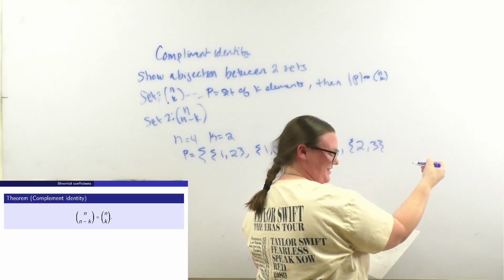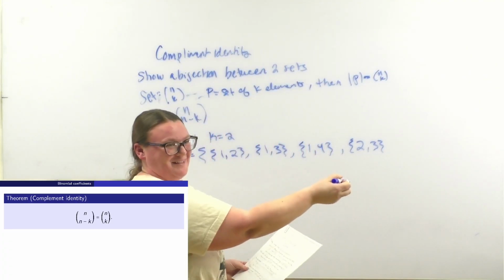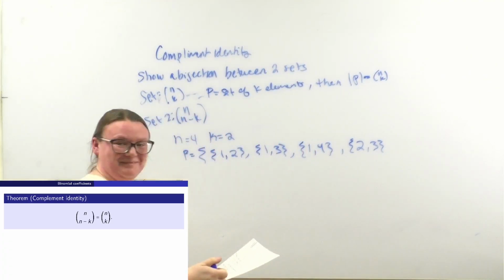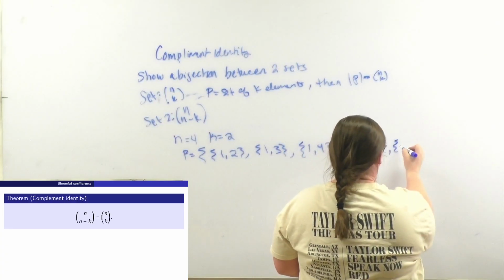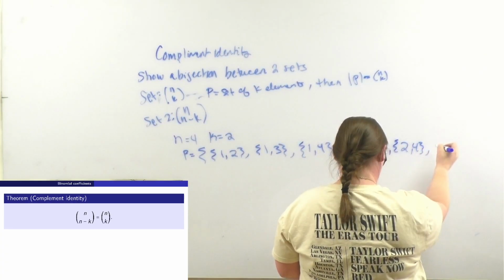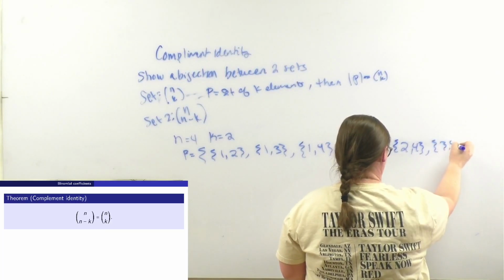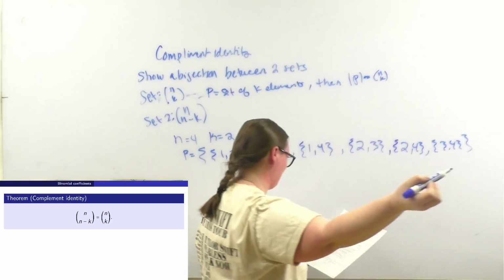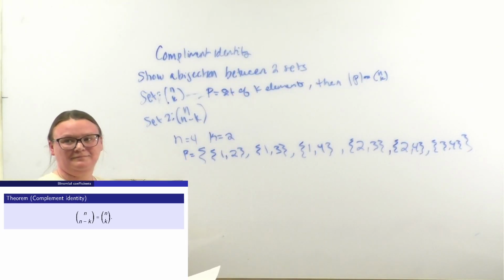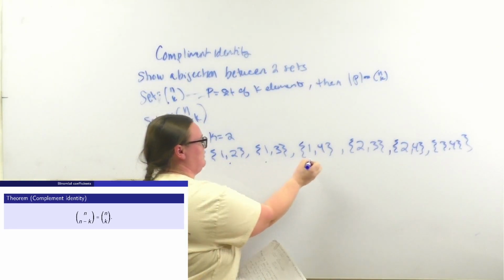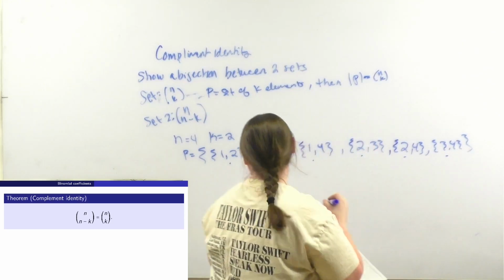There's more options. You want me to keep writing them? Okay, cool. So what is the size of P? We got 1, 2, 3, 4, 5, 6.